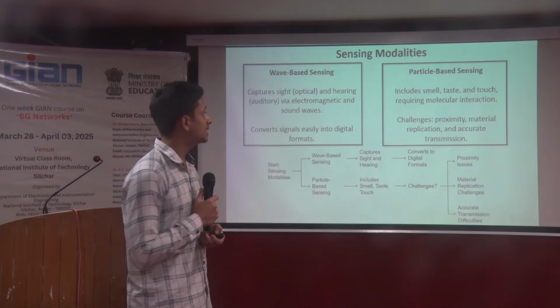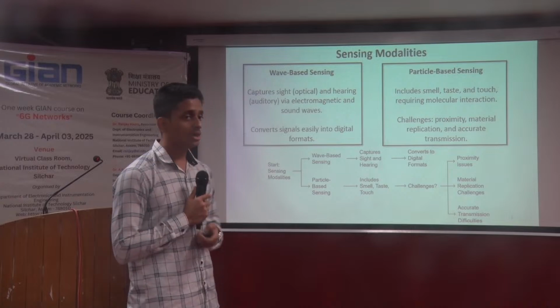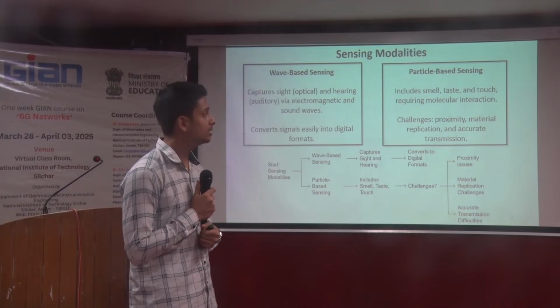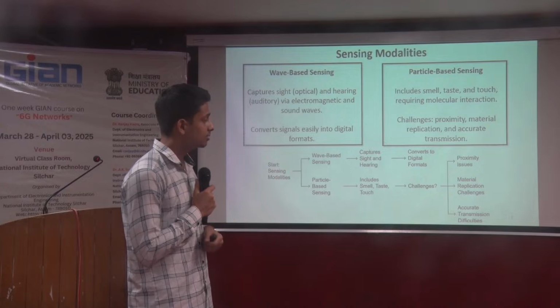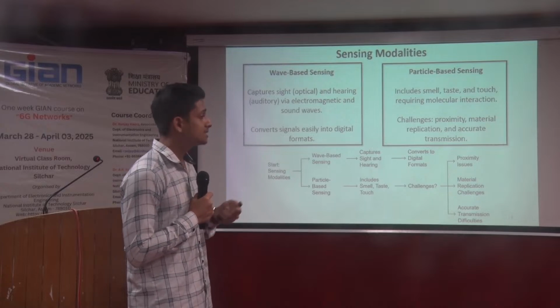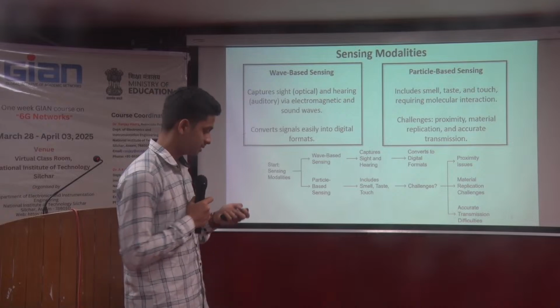The basic challenges are proximity, material replication, and accurate transmission. Accurate transmission is very severe for particle based sensing, and it is not possible right now. So smell, taste, and touch are not present in particle based sensing right now.